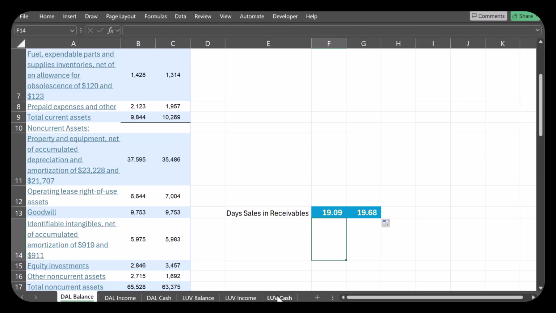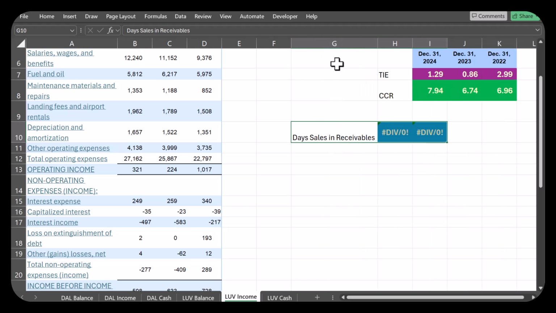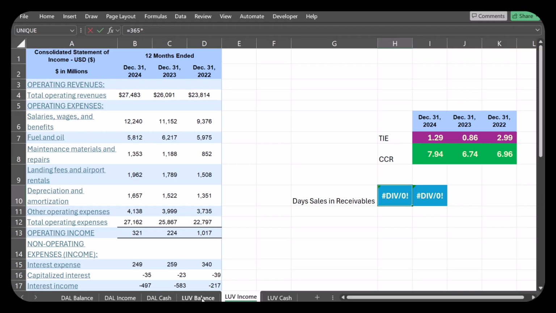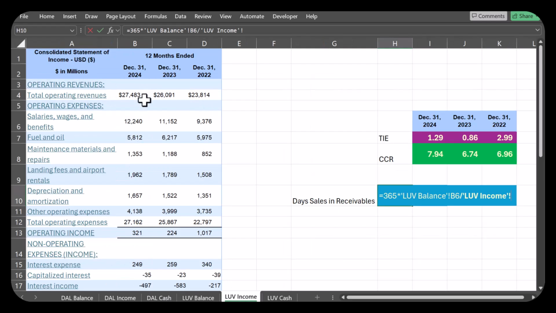Let's calculate the same thing for Southwest Airlines. 365 times, from the balance sheet, divided by revenue. You are probably not too surprised that these are also low.